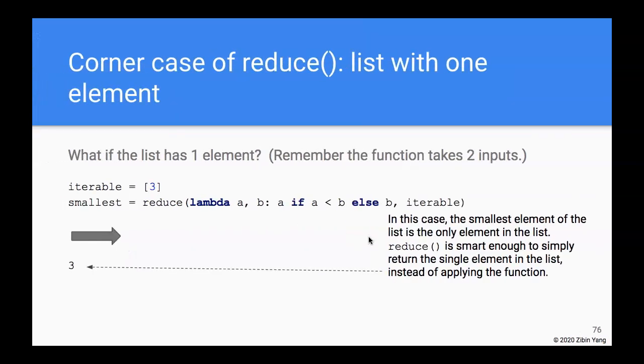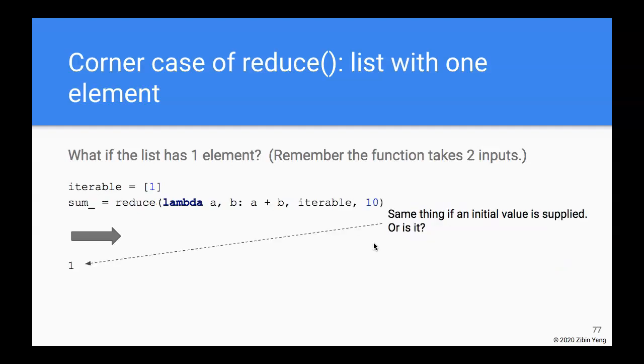So as it turns out, the reducer is actually smart enough to recognize this scenario, that if there's only a single element, then it will just return that instead of trying to apply a function that requires two inputs, which is not going to work, right? So it's good that it knows how to handle the case of a single element.